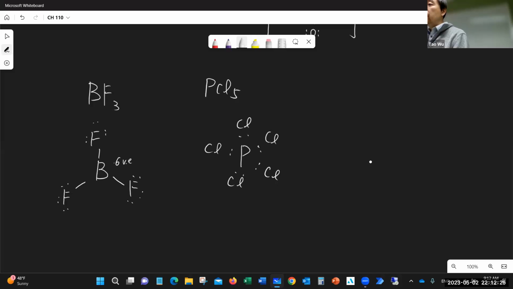This has 5 plus 7 times 5, so you have 40 electrons in total. Already 10 at the center, and then we put electrons on the side atoms. When we fill all the side atoms with 8 electrons, that is 40. So that's going to be the Lewis structure for PCl5.